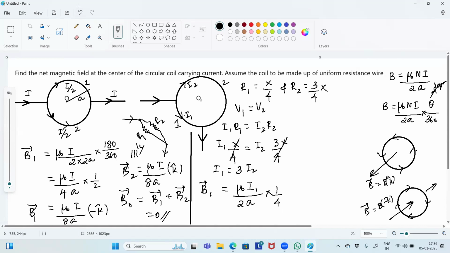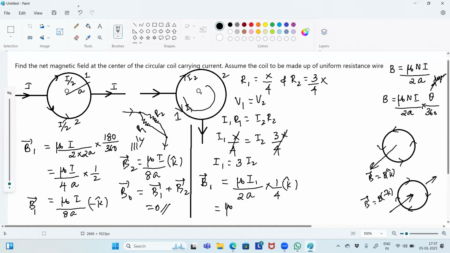Since the current is anti-clockwise, the magnetic field will be out of the paper, k cap. Now this total field will come as mu 0 I1 by 8a along k cap.